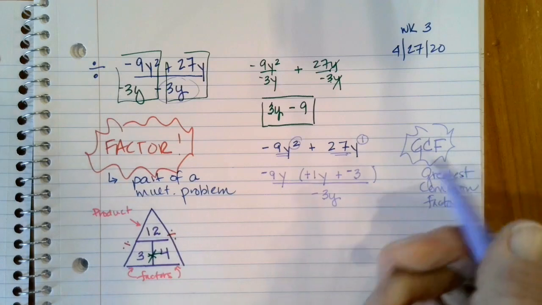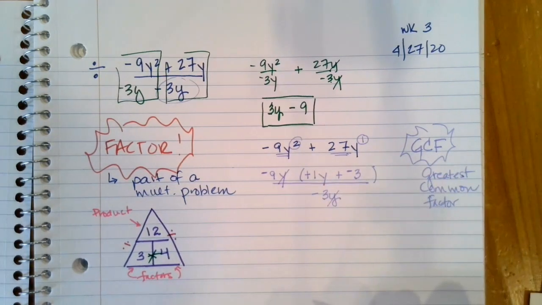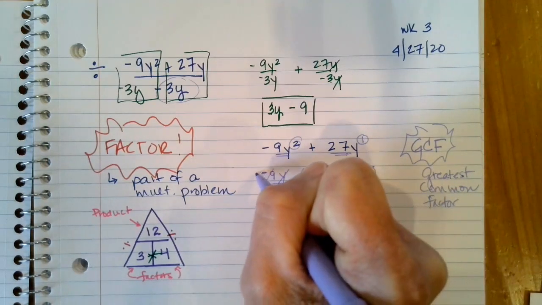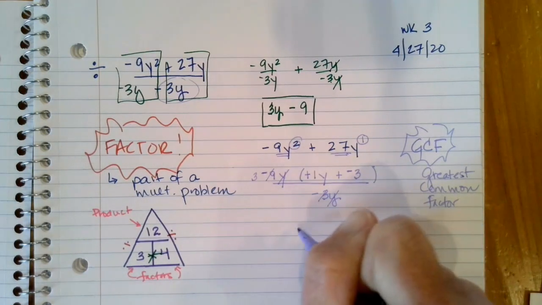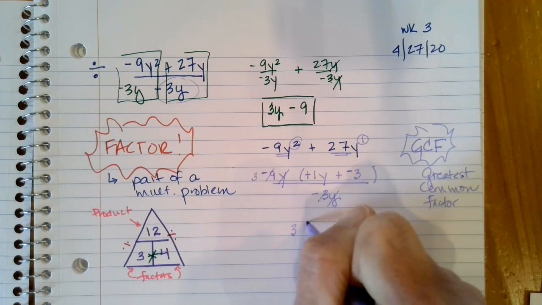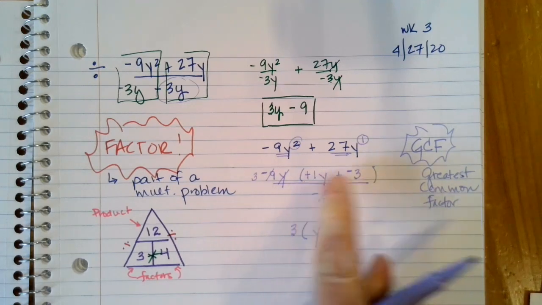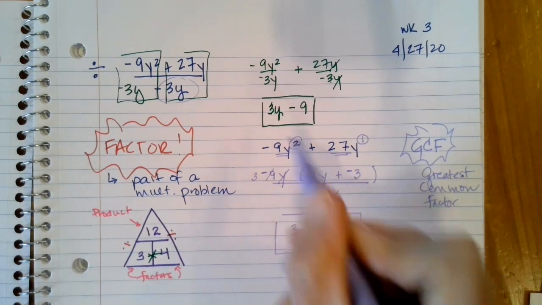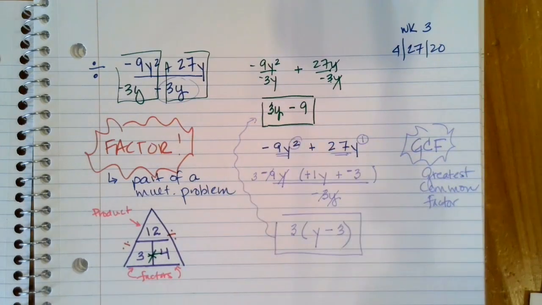All right, so let's talk about what we can do. Y can be divided with y. Negative 3 comes out of negative 9 positive 3 times. So my answer I'm left with is 3 times y minus 3. I'm going to simplify those signs. If you take a look at this answer, I want you to see, is it at all similar to that answer?